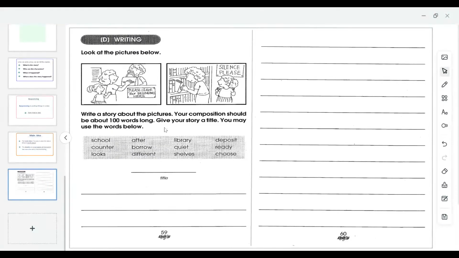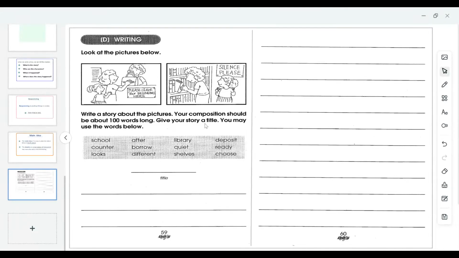It says, write a story about the pictures. Your composition should be about 100 words long. Give your story a little title.